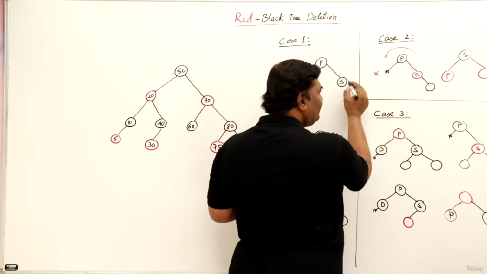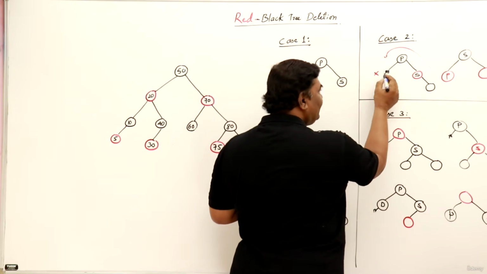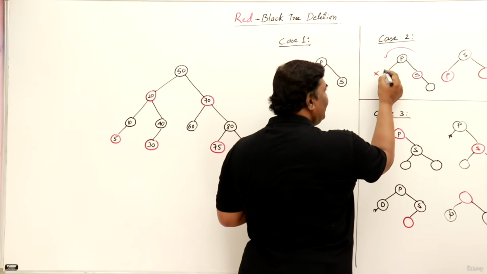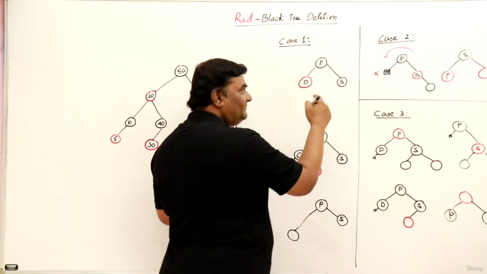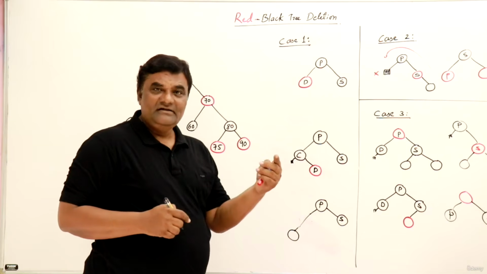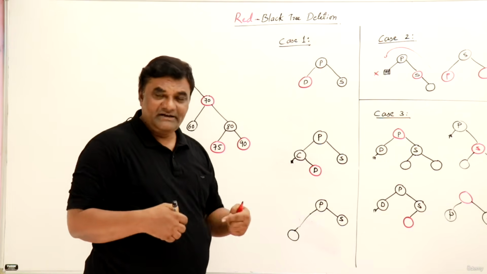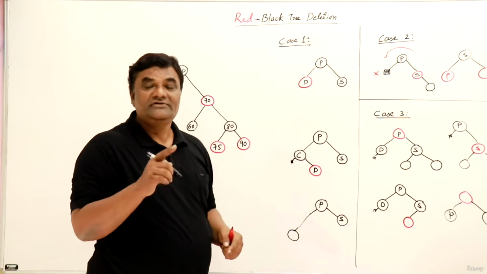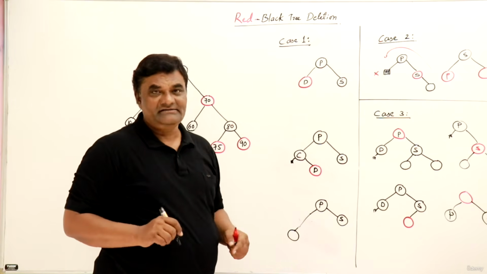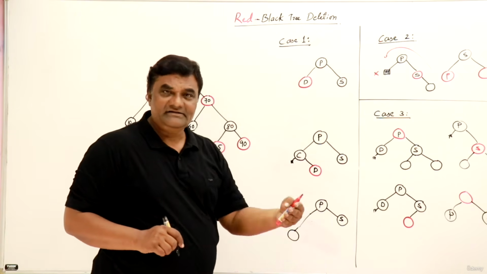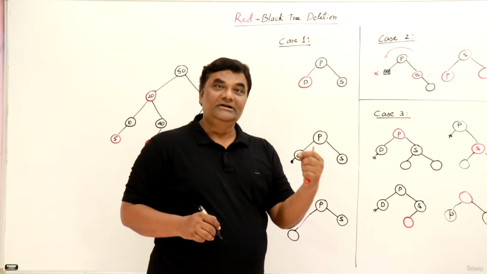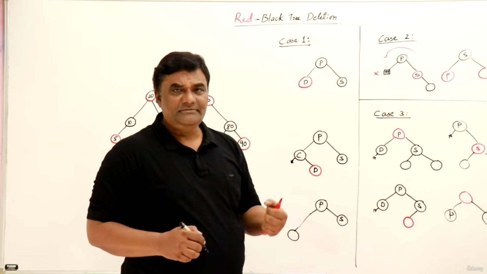And that node that was deleted was black, so black height is reduced in this direction by one. So we make this node double black. It has more blackness. That was null, that is its own blackness, and the blackness of the node that was deleted as well. So we have to adjust that blackness. We have to adjust black height. So that is a problem here. If the node that you are deleting is black, then its child will become double black.